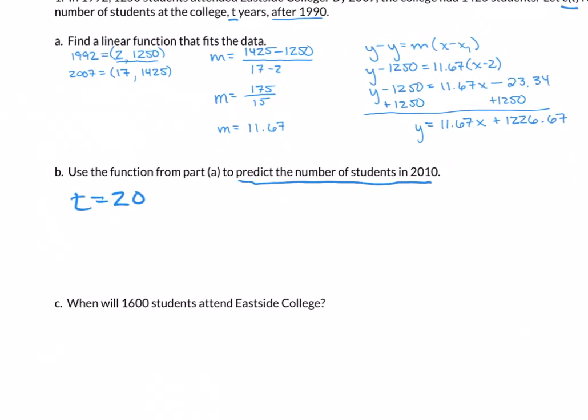So if we plug that back into our function, we get C of 20 equals 11.67 times 20 plus 1226.67. If we go ahead and calculate this, 11.67 times 20 is 233.4.